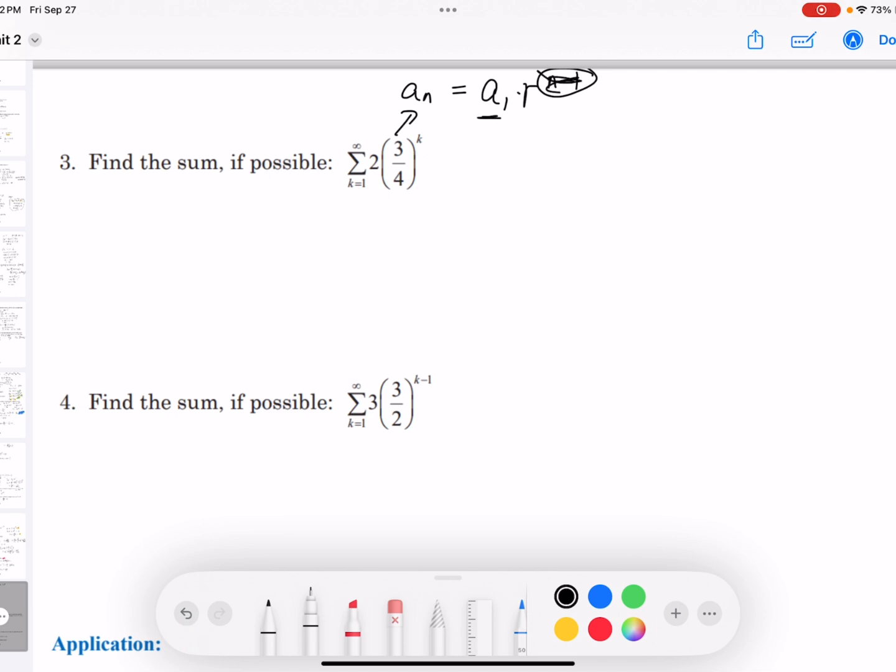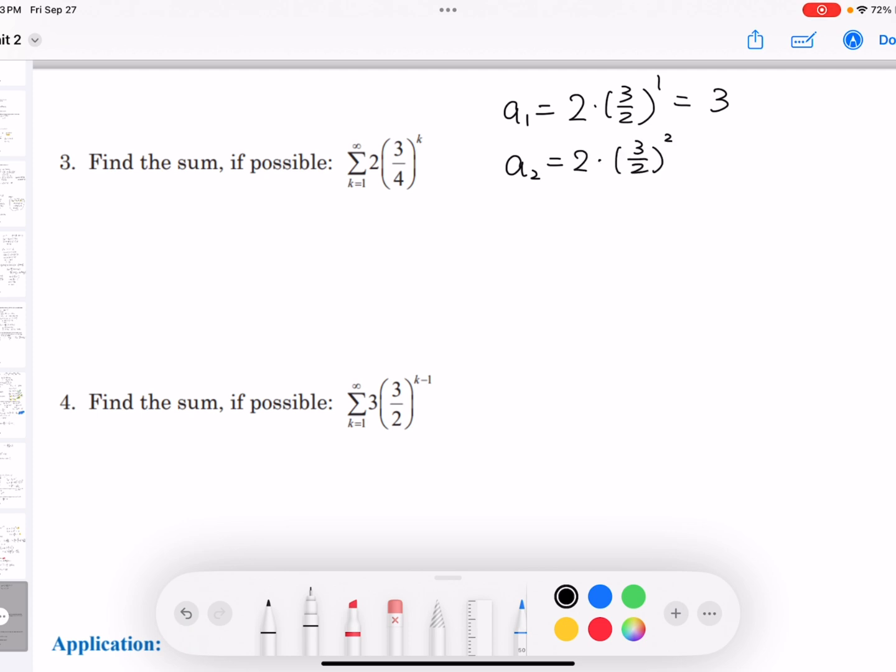So a sub 1 is 2, r is 3 over 4. Some of you may say, I still don't like this method of using a sub n to find a sub 1 and r. You can also find a sub 1 by plugging in k equal to 1. 2 times 3 over 4 to the first power. And a sub 2 is equal to 2 times 3 over 2 to the second power, which is 9 over 2.